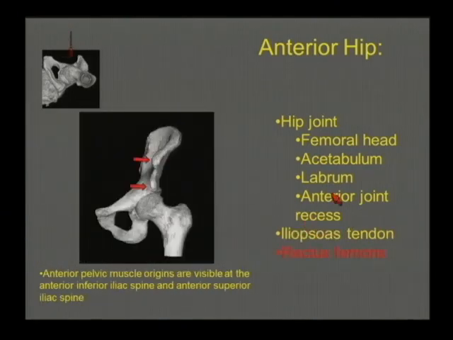All right, I'm going to move on to some of the anterior muscular structures that you'll encounter in the anterior hip. But before we do that, I want to point out a few important bony landmarks that we're going to use to orient ourselves to the pelvis and the anterior hip. Namely the anterior superior and anterior inferior iliac spine. So these are bony protuberances along the anterior margin of the pelvis.